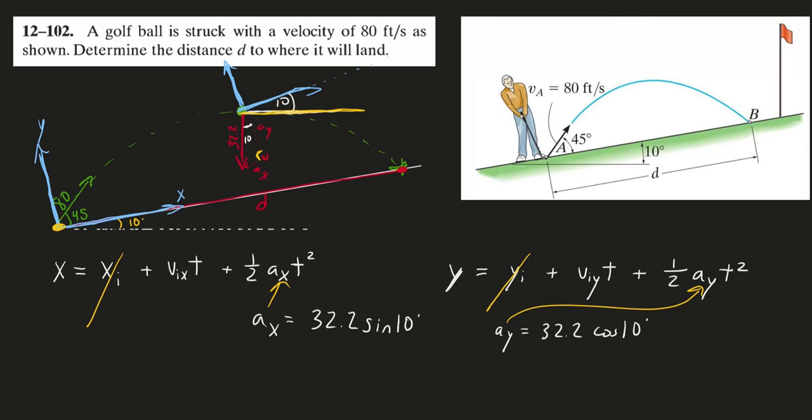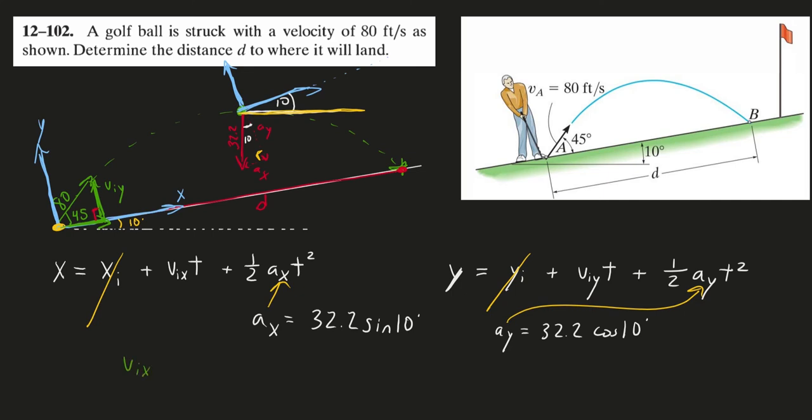And for our initial x and initial y components of velocity, I see that this is my x component of velocity, and this is my y component of my initial velocity. And that's just a right triangle based on that angle of 45.